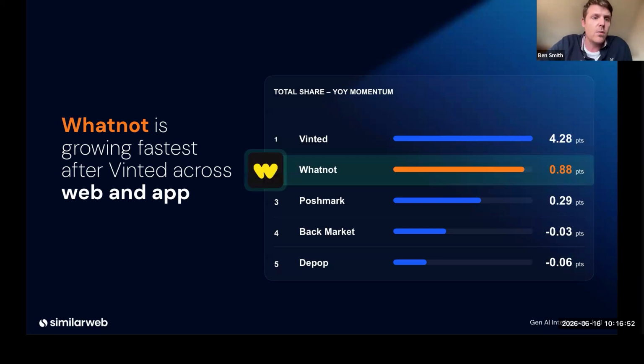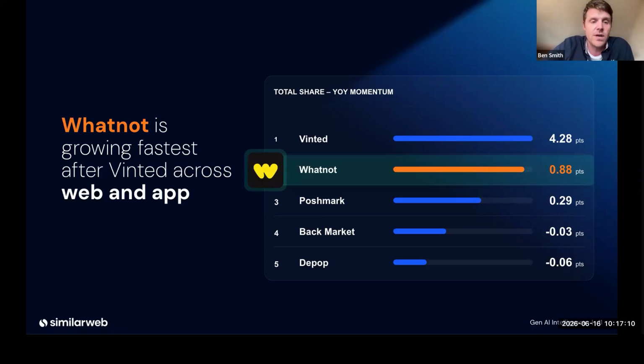Essentially, we can see here that Vinted total share has a year-on-year increase of 4.28 percentage points. So again, clear winner, clearly the dominant company in this space and growing faster.